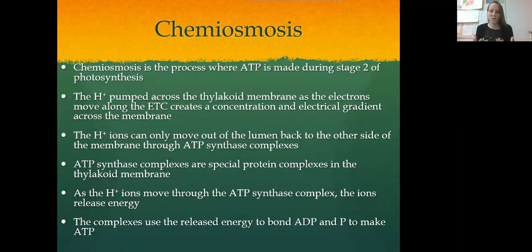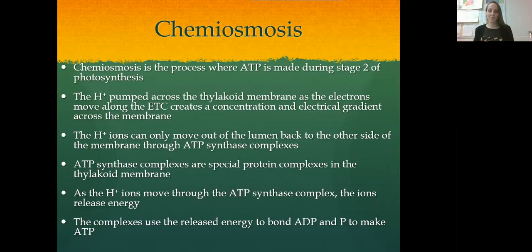So we have this electrochemical gradient across the thylakoid membrane. And that is a type of potential energy. An electrochemical gradient is a type of stored potential energy. So that energy can be released and can be used.